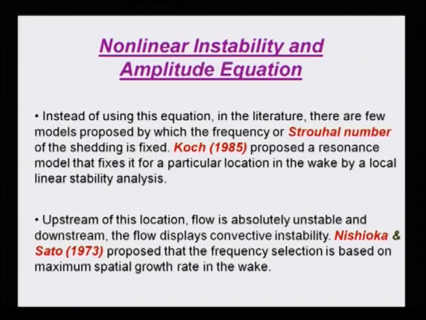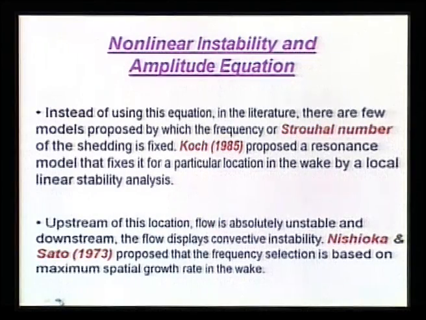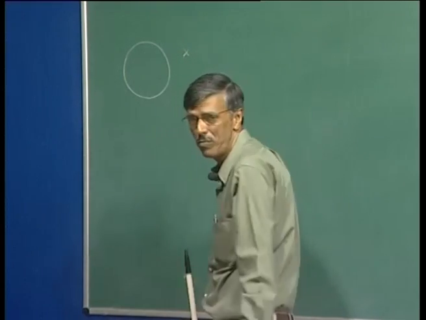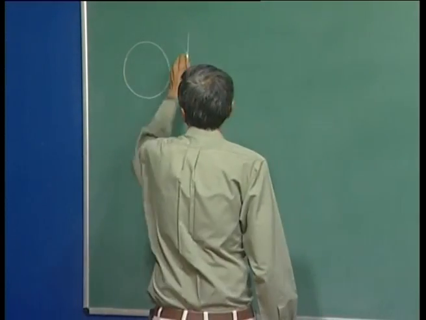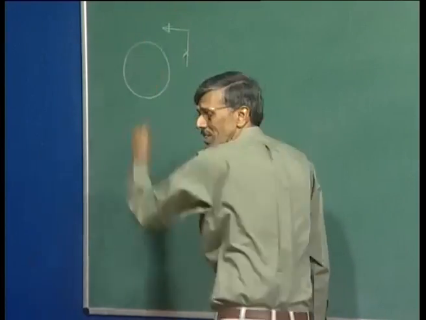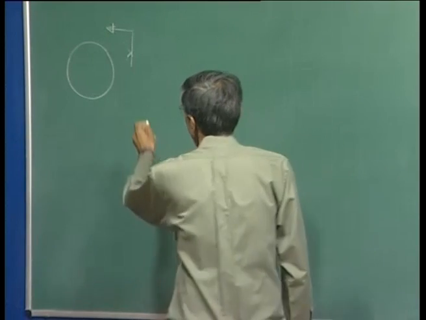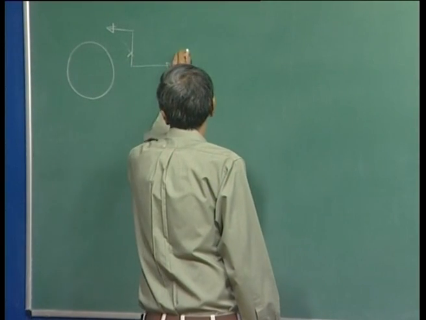What Nishioka and Sato said is that there is a location, upstream of which we have absolute instability, and downstream of which we have convective instability.